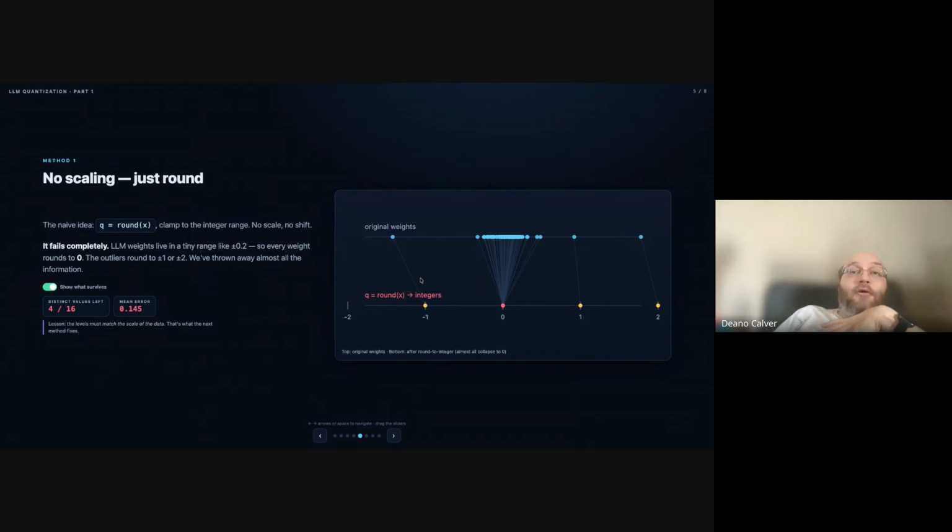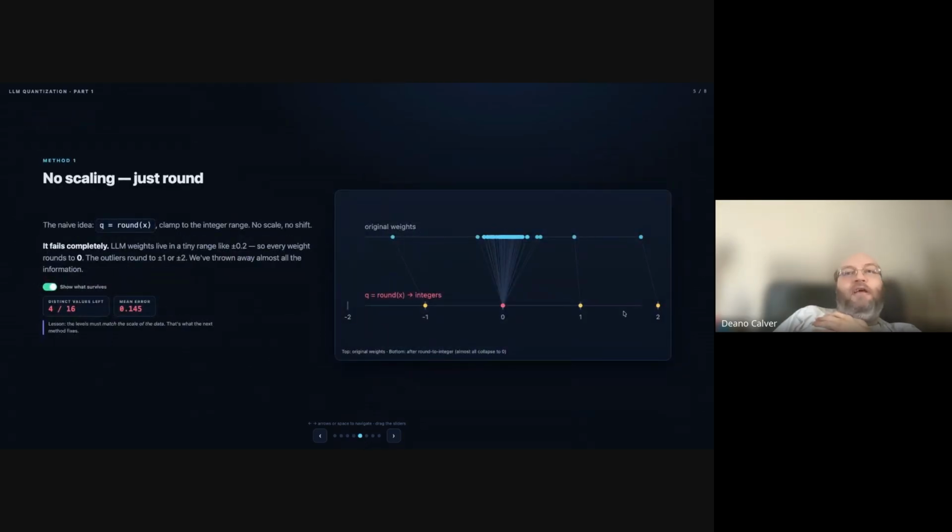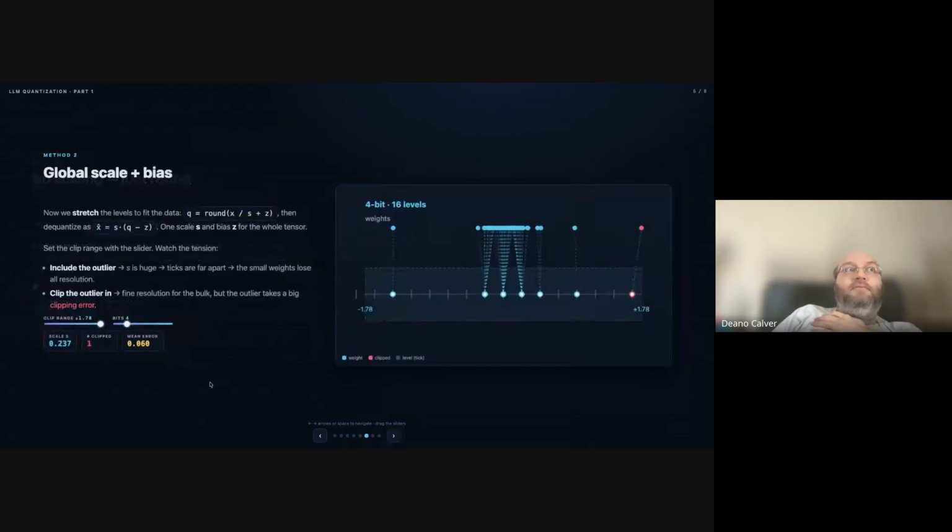And probably you don't use most of the range, because in our original 64, if we show it back here, the maximum value we got was 1.78, and 1.5, 1.4. So you're going to waste most of your numbers. In fact, if you look at this, we actually end up with only 4 different values out of all our 64. Everything maps to -1, 0, 1, or 2, which is pretty poor for our 64 floating point values.